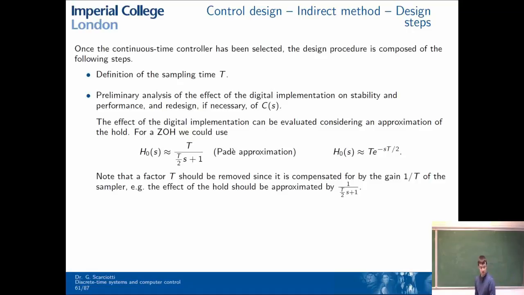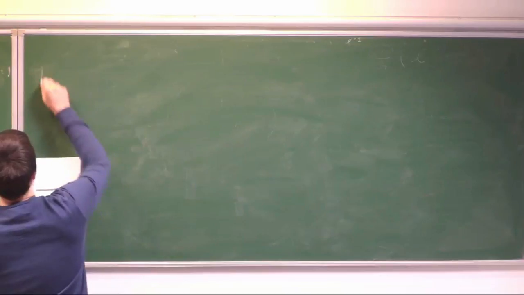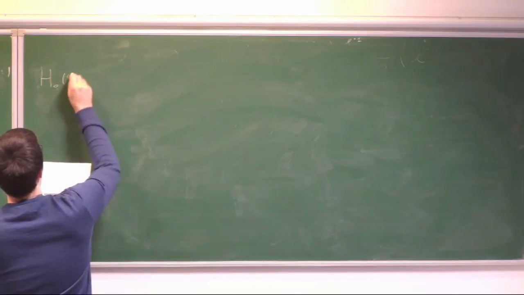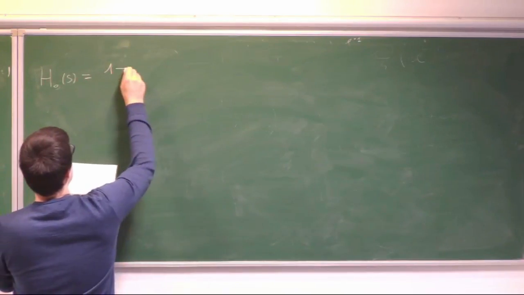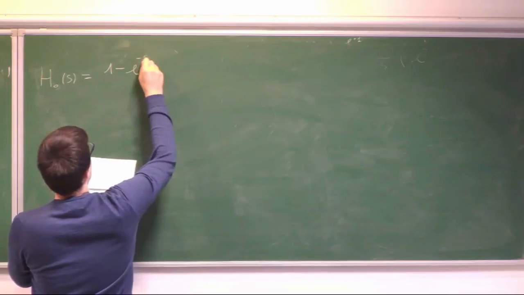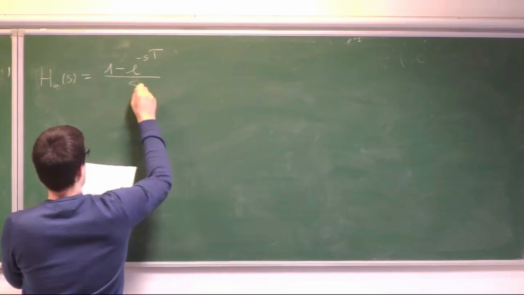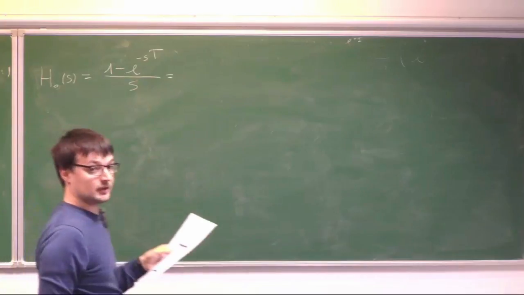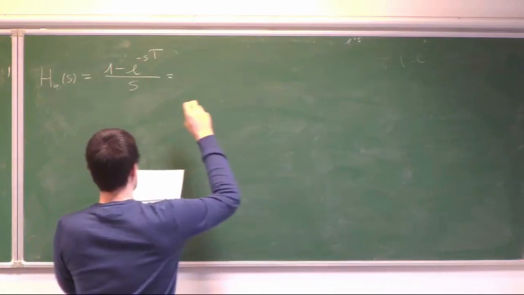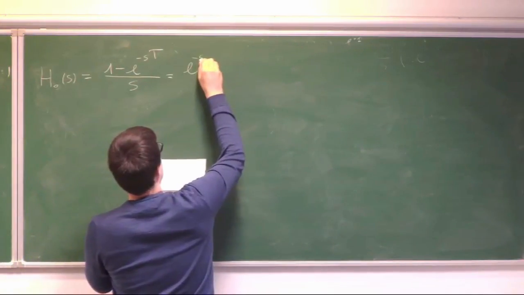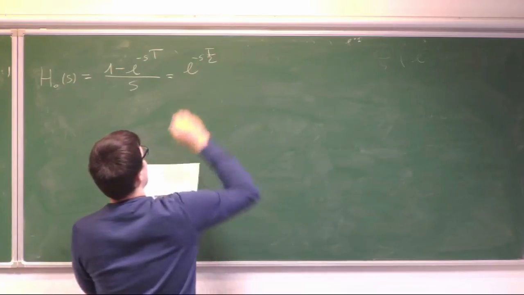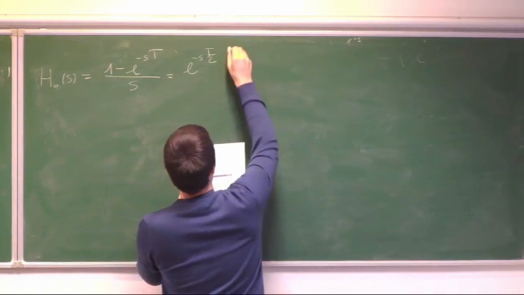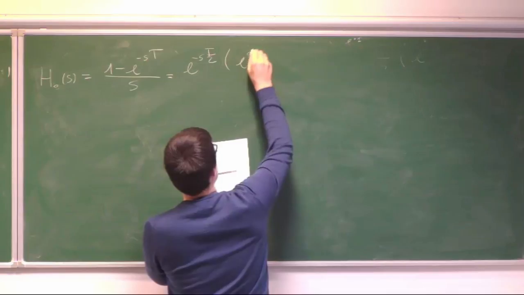How do we obtain that Padé approximation? It's obtained in the following way. We have our zero order hold that is described by this transfer function over here. The first step is to factorize e to the power of minus st divided by 2, and here we are left with this.